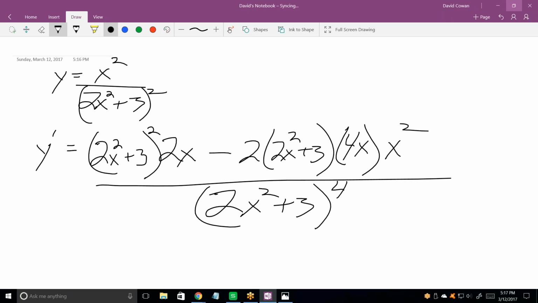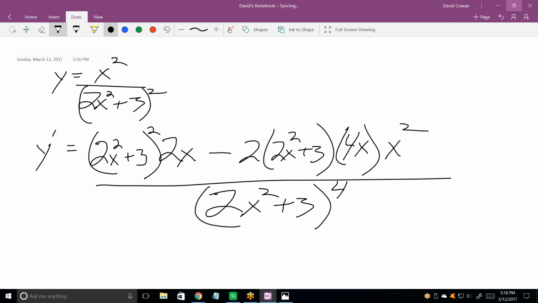Now, I can see, and usually this is frequently the case when you've used the quotient rule, that there's some amount of 2x squared plus 3 in this term, there's some more in this term, and there's a bunch down here. So at a minimum, I can get rid of the 2x squared plus 3.